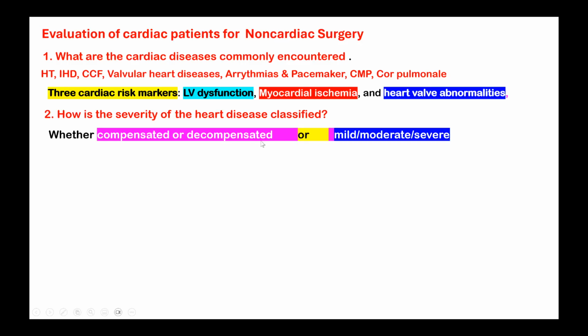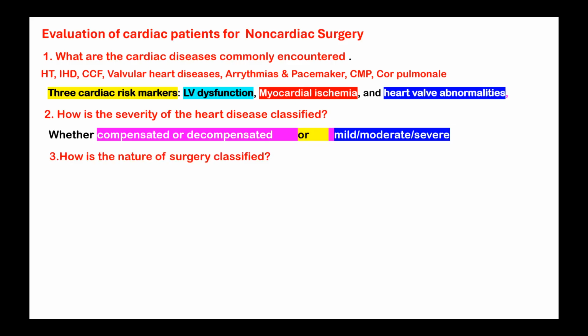Then we call that a decompensated heart disease. Or you can classify them into mild, moderate and severe based upon parameters like ejection fraction, pulmonary pressures, and, if it's a valvular abnormality, the pressure gradient across the valves. So these are the two ways you can classify them.